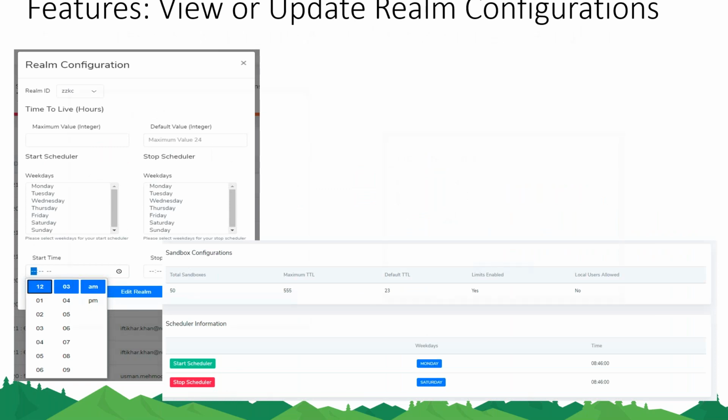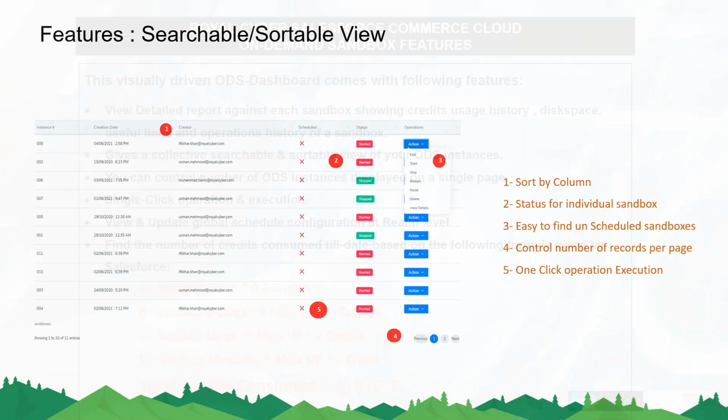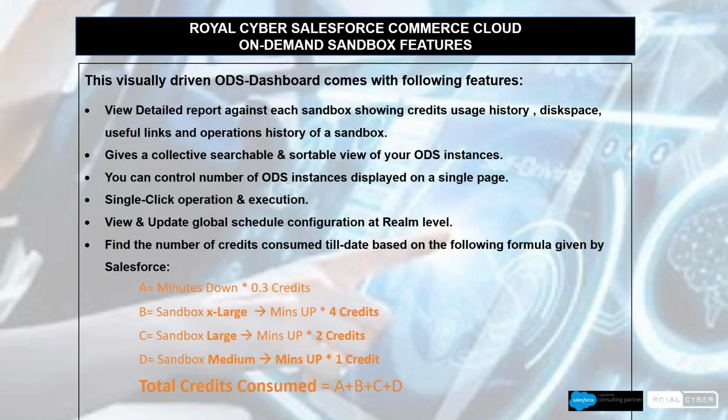I just wanted to bring up that by default, when you're granted a realm as a partner, you get 50 sandboxes maximum that you can create. That's the default, 50.